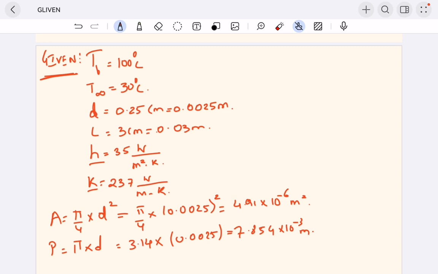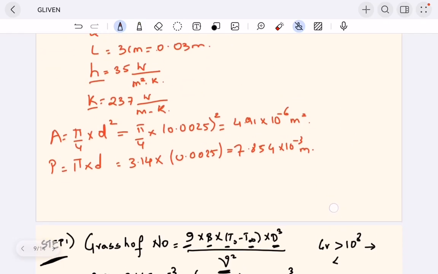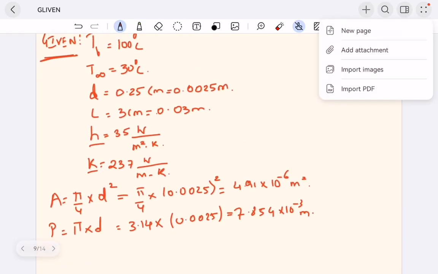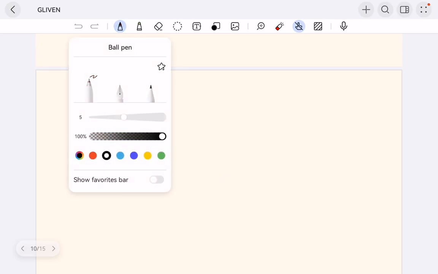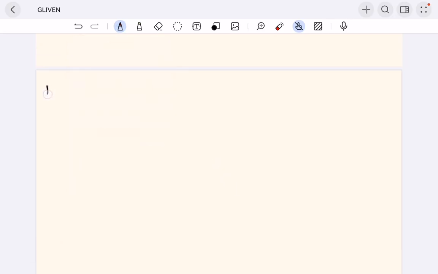Now one of the important factors before you start any of your calculation, like in this case, step 1, we need to calculate m. m is equal to root of h times P divided by k times the area. So h times the perimeter, divided by k times the area.